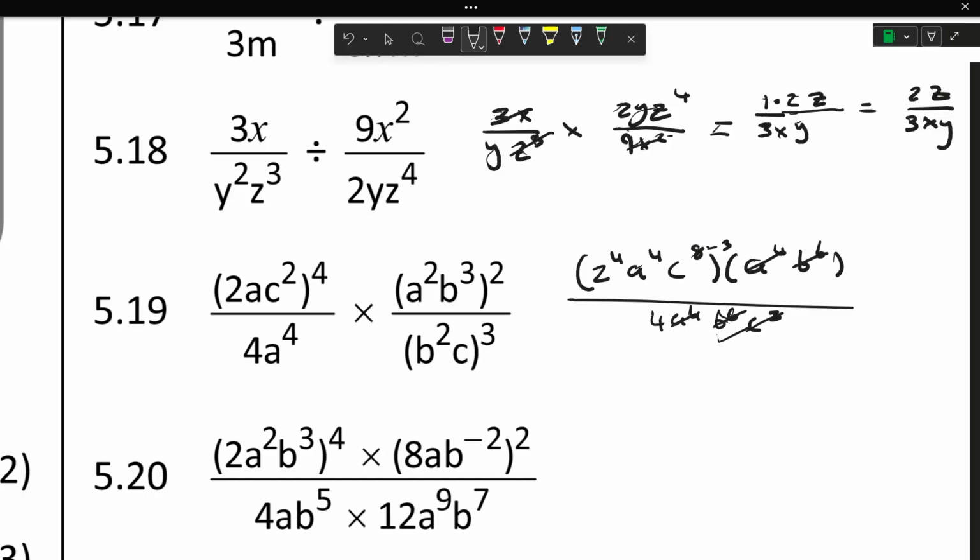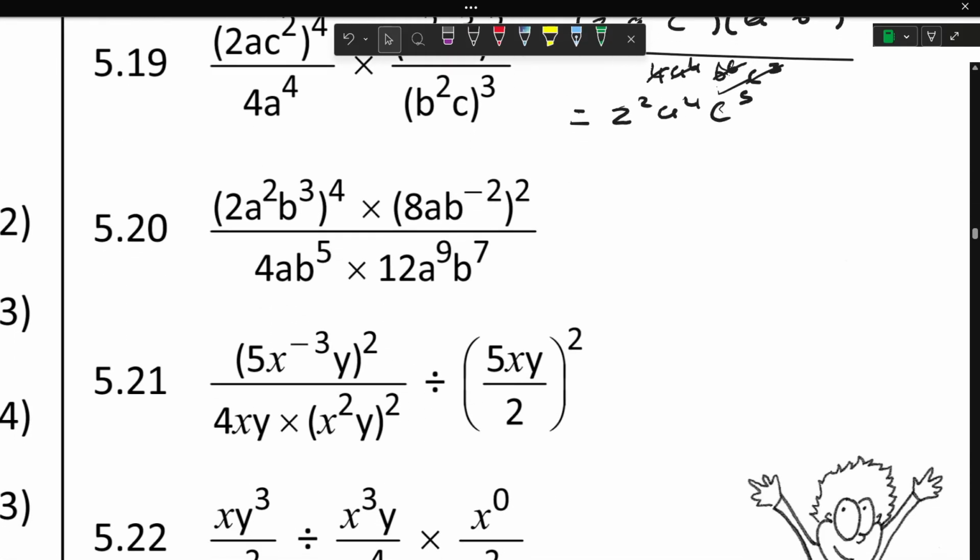And I see this is 2 squared, so this can get a -2. Everything on the bottom is gone. So now we're going to have 2 squared, a to the 4, c to the 8, 765. Cool stuff, guys. Cool beans.